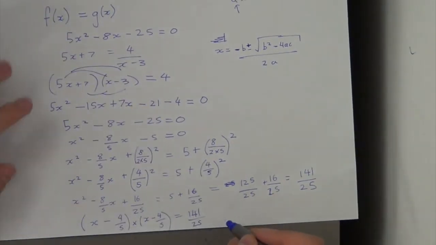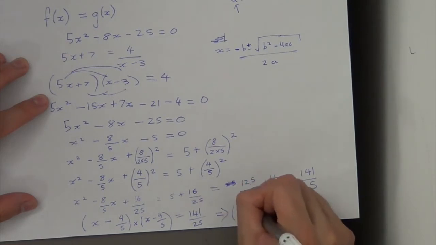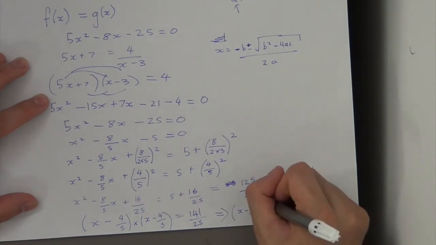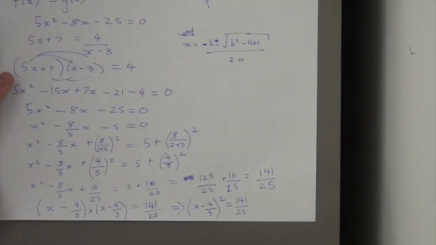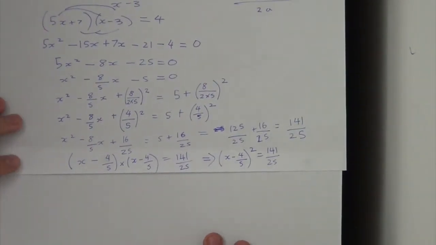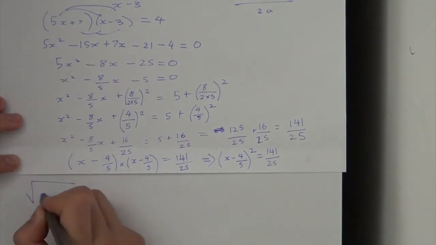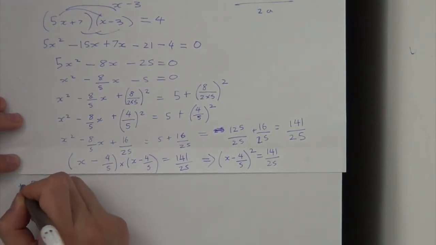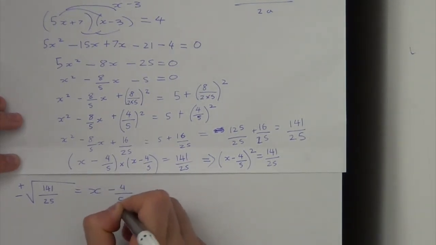What does that translate to? It translates to x minus 4 over 5, squared, equals 141 over 25. Hopefully you can see where I'm heading with this. So that means plus or minus the square root of 141 over 25 equals x minus 4 over 5.